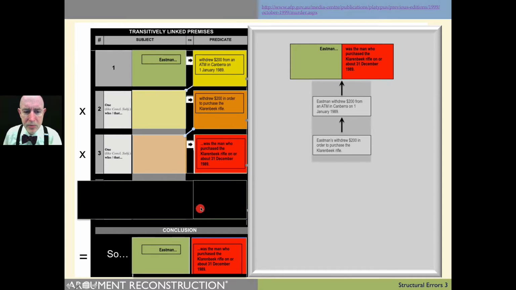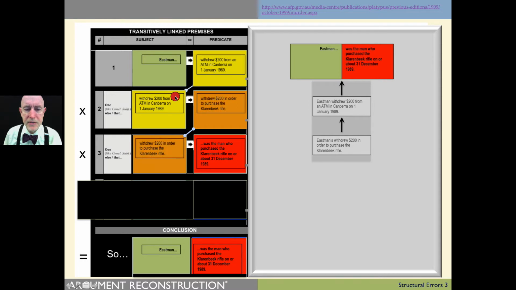At this point we can see we're not going to need this number 4 premise, so we move the predicate of the main conclusion up here, and we match our predicates and subjects, and there we have the three premises that lead to this conclusion that were reconstructed from the original argument.